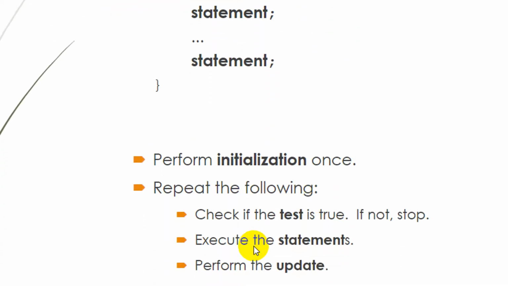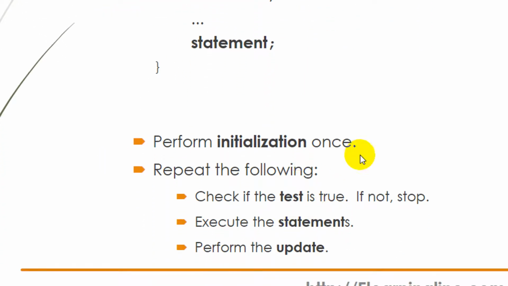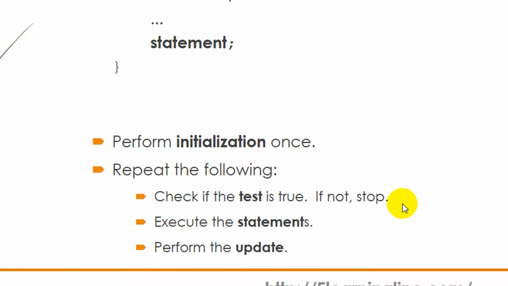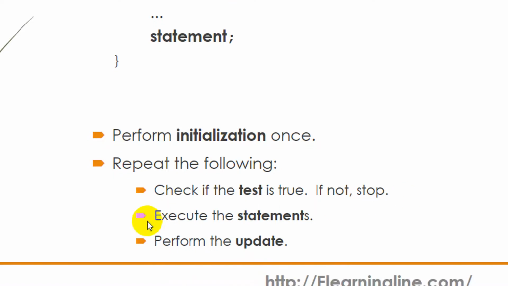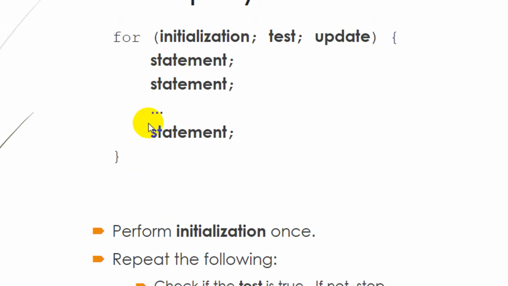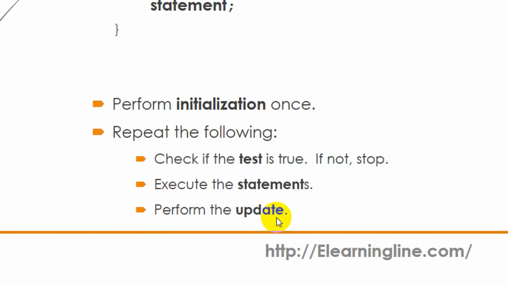So you perform the initialization once, then check if the test condition is true. If it is false, then stop; else execute all the statements and then perform the update.